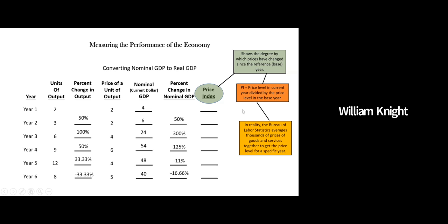So they compute the weighted average of a market basket of prices that the typical consumer purchases. And this weighted average then is called the price level, PL. And, oh, by the way, since we only have one product, the price level in our example here is going to be the price of the product. We don't have a lot of averaging to do. That's the math I was talking about where it's going to save us.